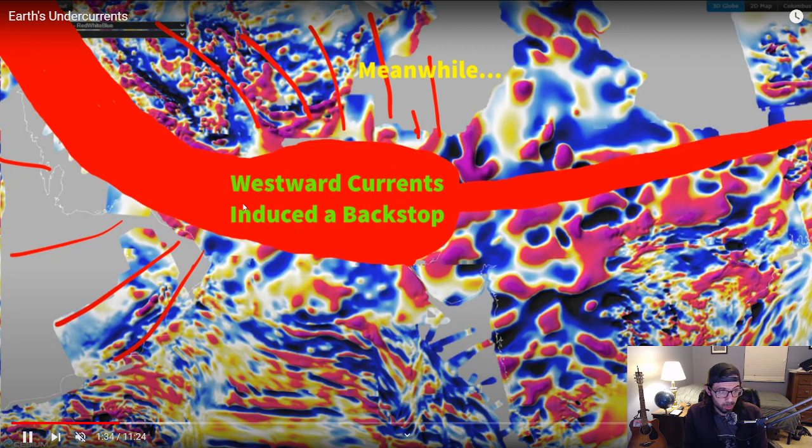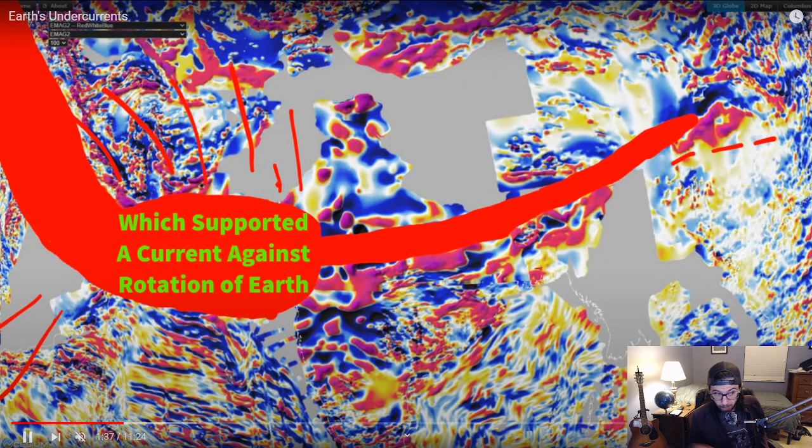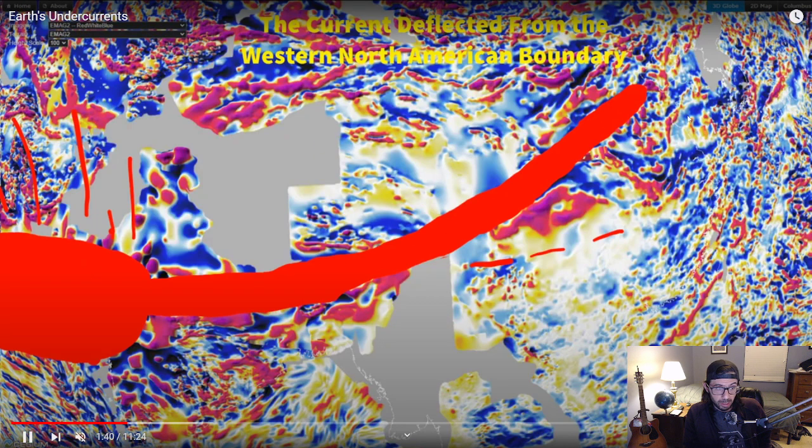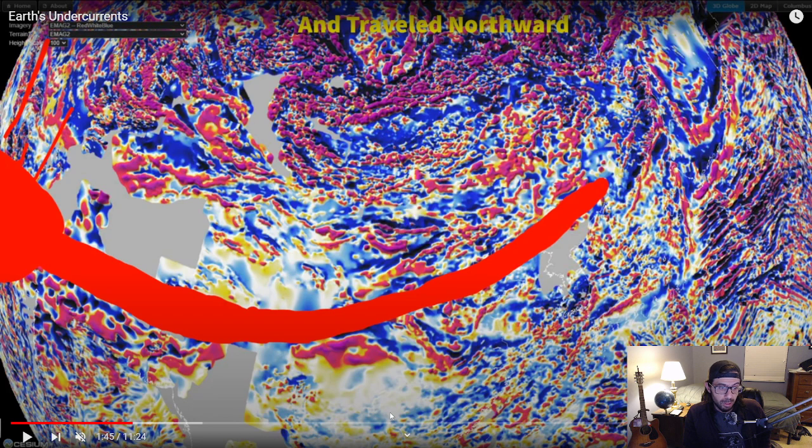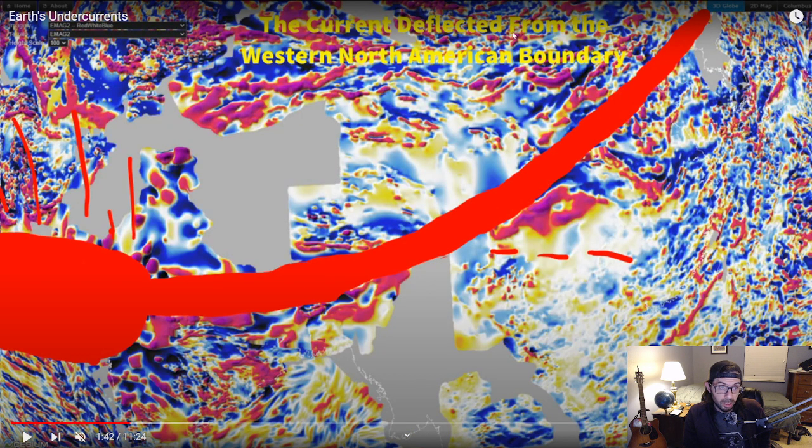And then westward currents induced a backstop because they filled the pressure that way, which then supported a current against the rotation of the Earth because it's harder to go against the rotation. And the current deflected from the western North America boundary. So this leading wall that just formed causes a deflection, at least in part.